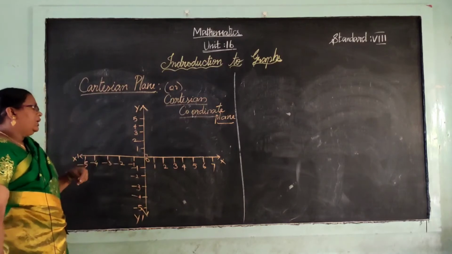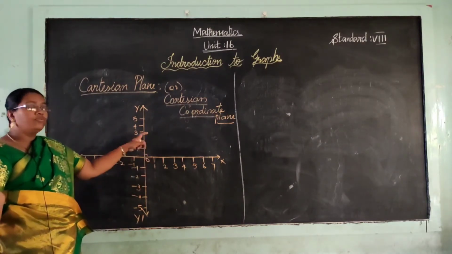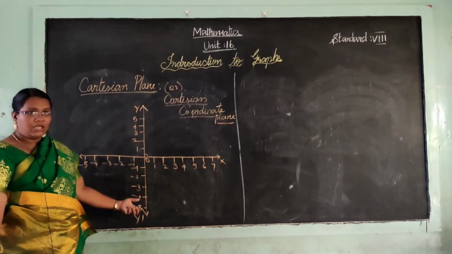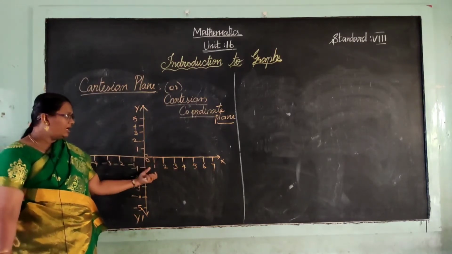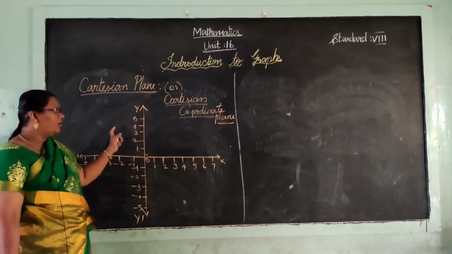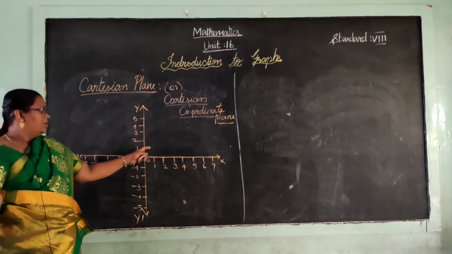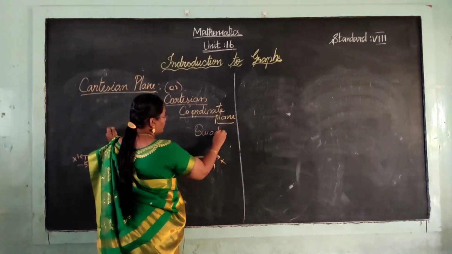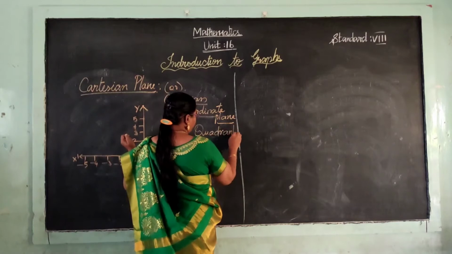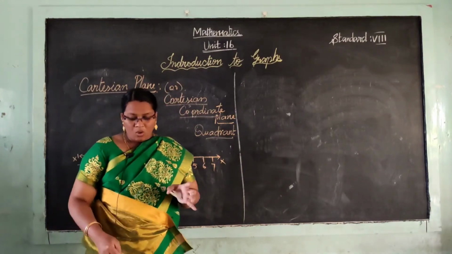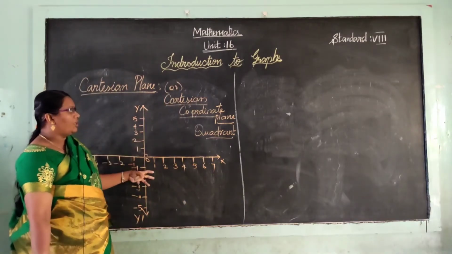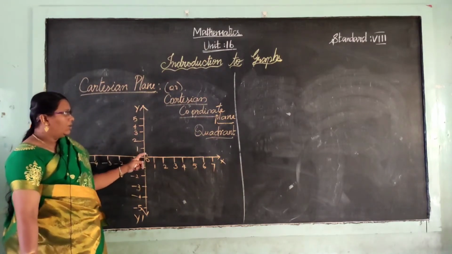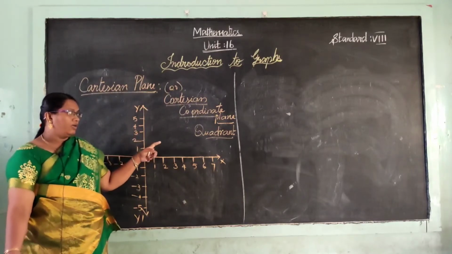Then the axes divide the plane into four parts. Intersecting two number lines gives us four equal parts, called quadrants. So when two lines intersect at the origin, it is called the Cartesian coordinate plane.